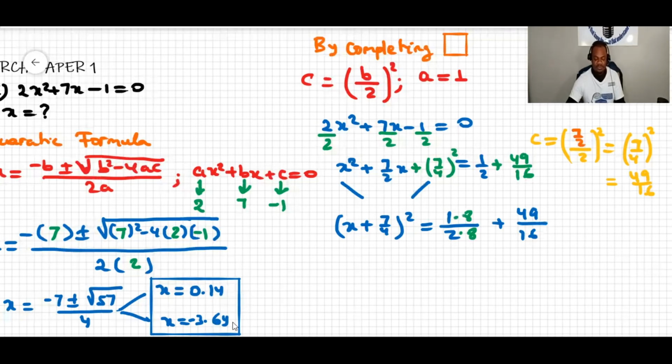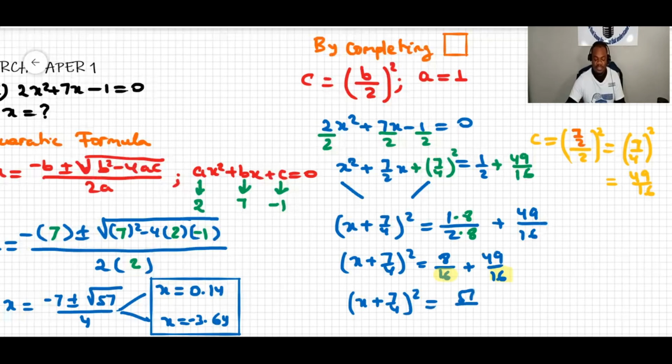So now x plus 7 over 4 to the power of 2 will be equal to 8 over 16 plus 49 over 16. Then now that the denominators are common, we can just add the numerators: 8 plus 49 is equal to 57. So that makes it 57 over 16.